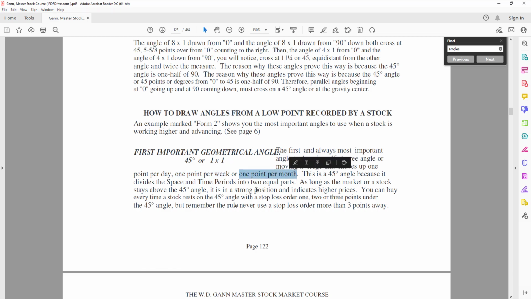Which means the angle should move 1 point per day consistently. So that makes an angle of 45 degrees. So let's go back to the charts and see how we can draw it.